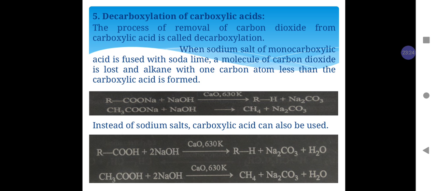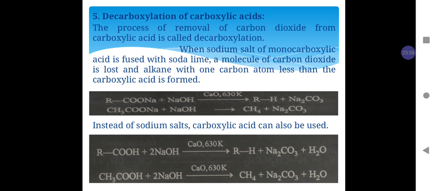sodium acetate reacts with sodium hydroxide and CaO at 630 Kelvin to form sodium carbonate, and the alkane formed has formula CH4, which has one carbon atom less than sodium acetate. Instead of the sodium salt, carboxylic acid can be used directly in this reaction.